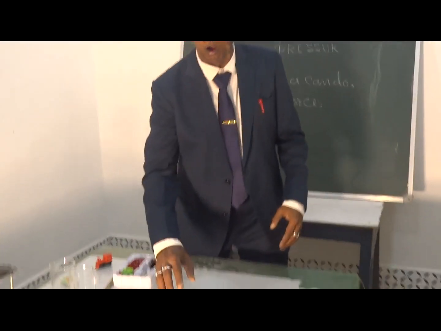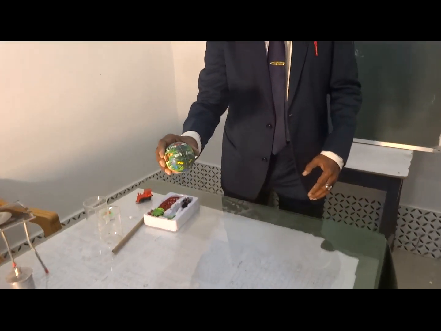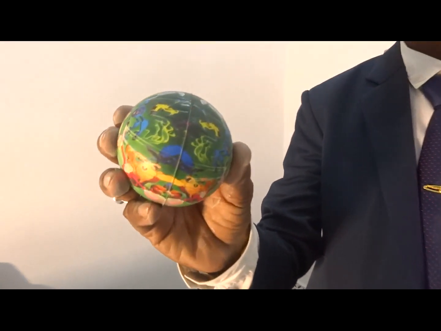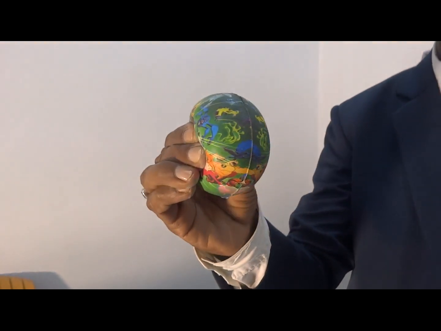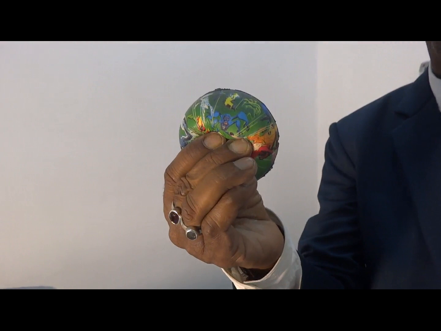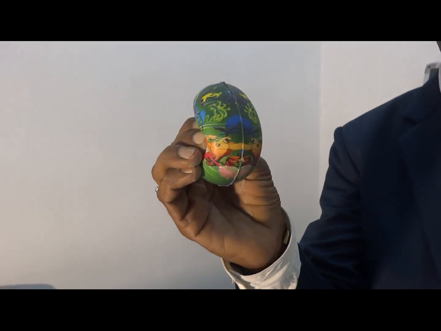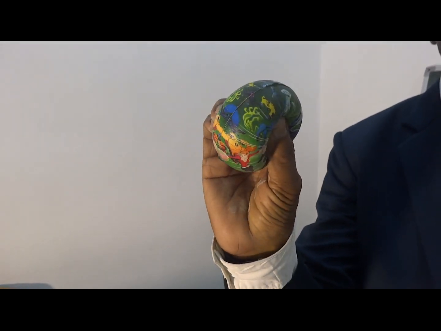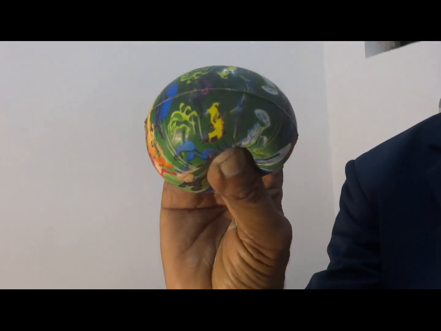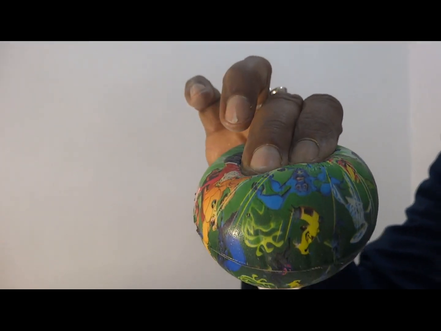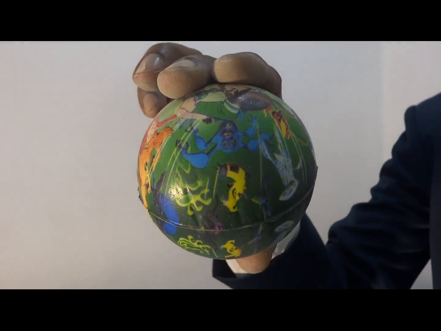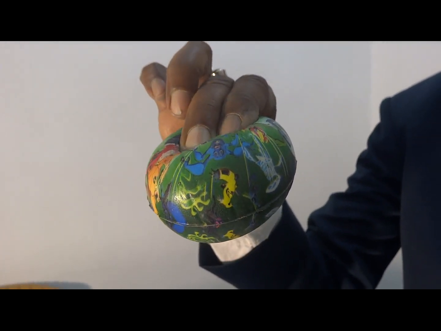Just see this ball. When a force is acting on this ball, the shape of this ball is changed. It means a force can change the shape and size of an object.